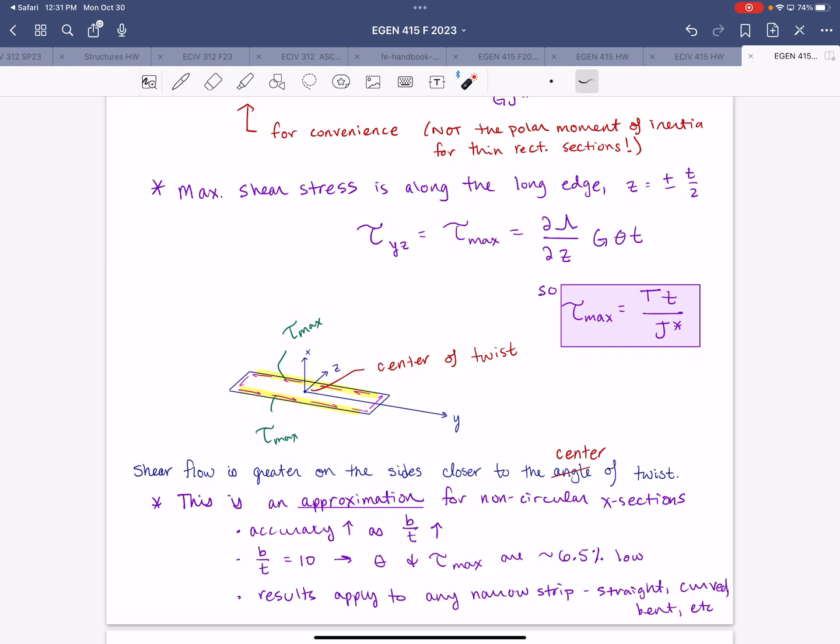If you have a long, thin strip, the sides that are farther away from the center of twist will be less torsionally active. Conceptually, I think that's the best way that I can think of to explain it right now. If I think of a better explanation, I'll definitely follow up on that. And as we go through the example, I think it'll also start to come together.